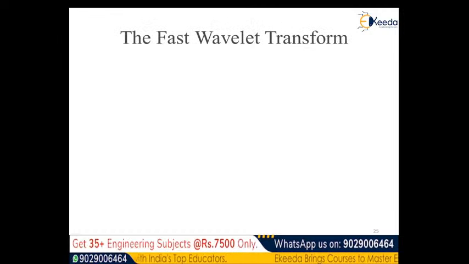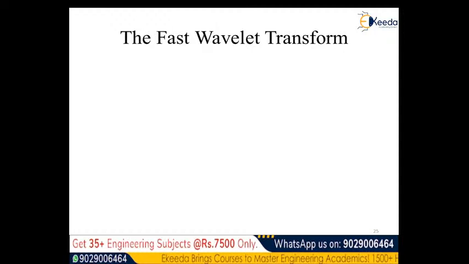Now we shall highlight a few things with respect to the very popular FWT, the fast implementation of the wavelet tool. In the problem statement that we dealt with in the beginning, there was also a mention of the fast wavelet transformation, and based on this FWT there was the use of the analysis filter bank.